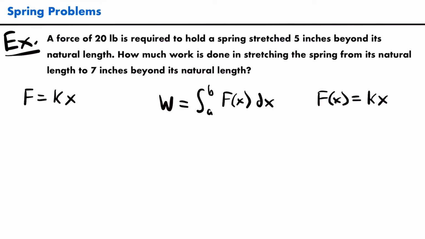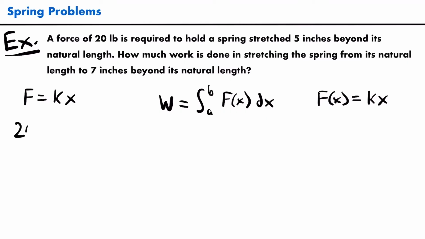All right, and so let's look at what we have here. We're told that a force of 20 pounds is required to hold a spring stretched 5 inches beyond its natural length. So we can use this formula right here and that information to find our spring constant, right? We have a force of 20 pounds required to stretch a spring 5 inches beyond its natural length. The 20 pounds is our force, and this 5 inches is our displacement, right? 5 inches beyond the natural length of the spring.